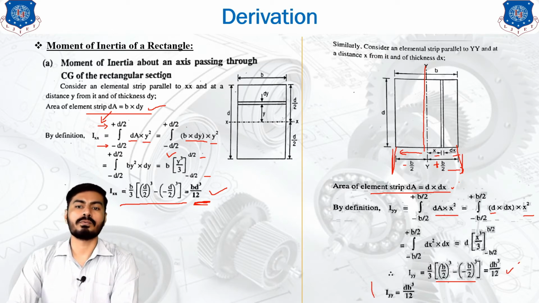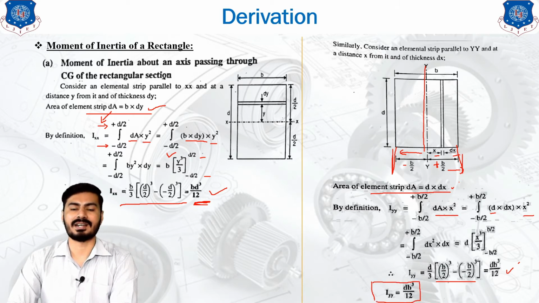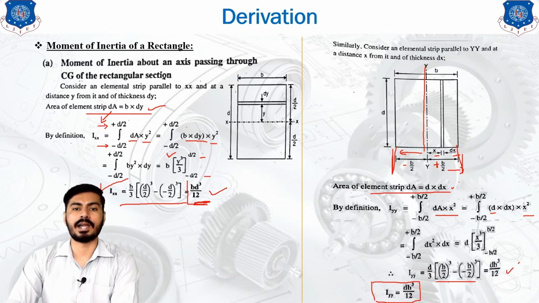So we have two formulas. As you can see, the shape is the same, that is the rectangular shape. But for the rectangular shape, if you want to find out the moment of inertia about the x-axis, then you will use the bd cube by 12, and if you want to find out the moment of inertia about the y-axis, then you will utilize this formula, that is db cube by 12.